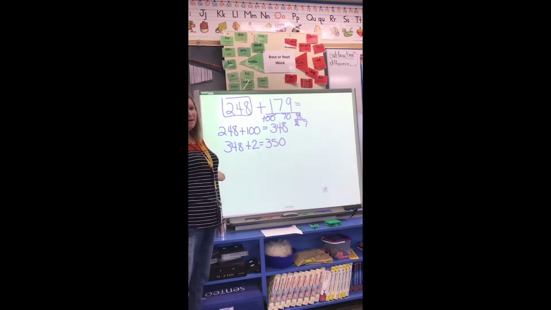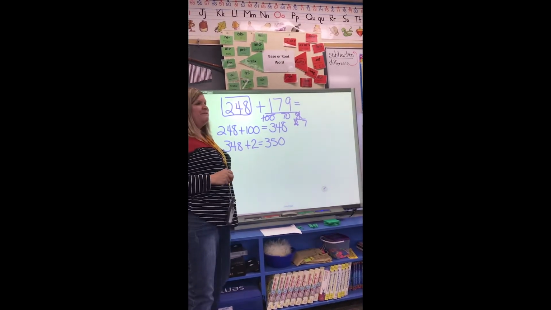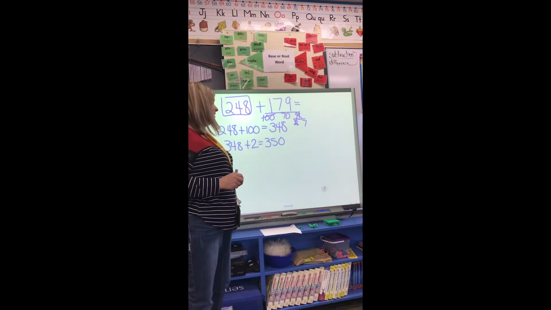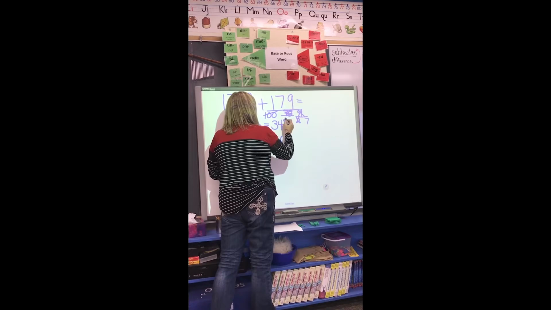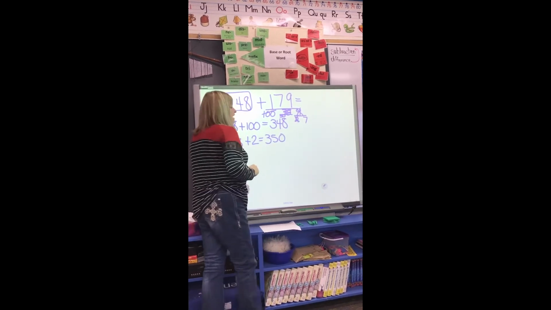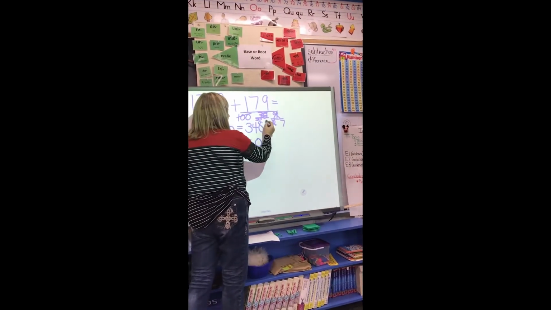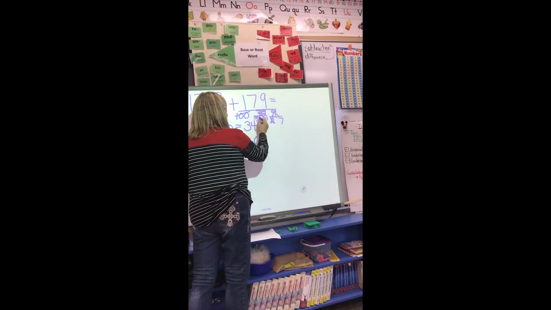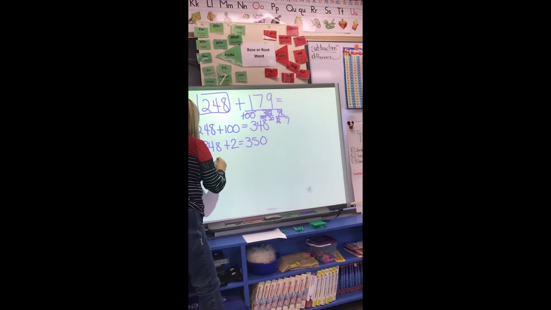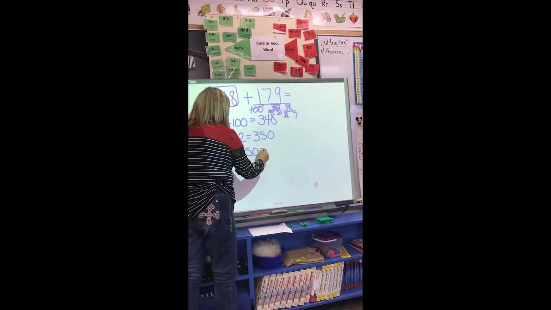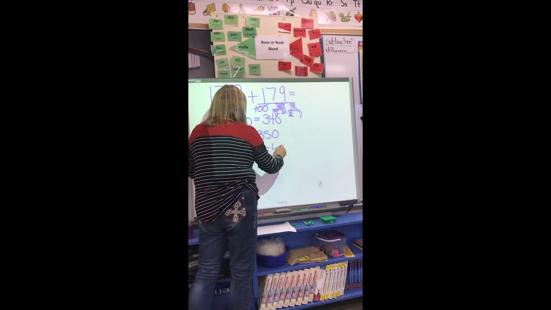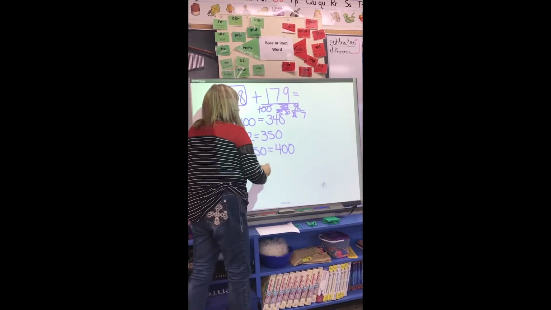Now, I'm at 350. I know that if I add 50 to that, I'm going to be at 400. So I'm going to take this number apart, and if I have 70 and I use 50 of that, I will have 20 left. So I'll do 350 plus 50, and now I am at 400.